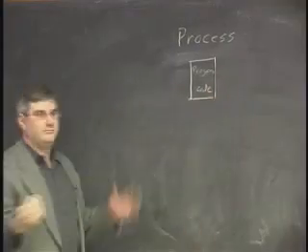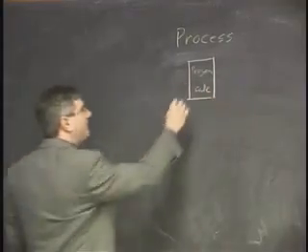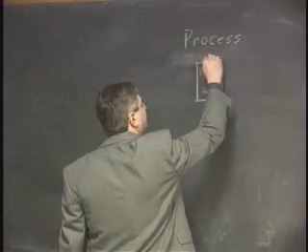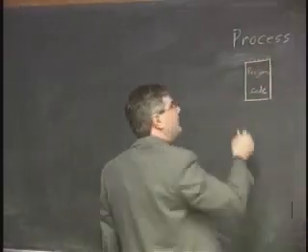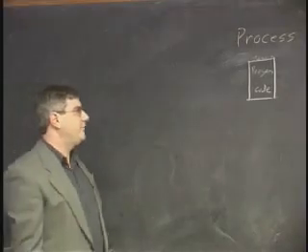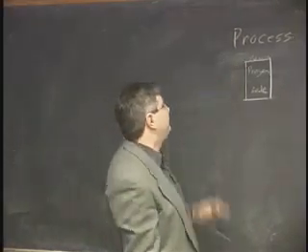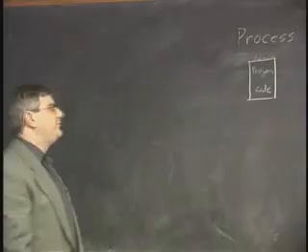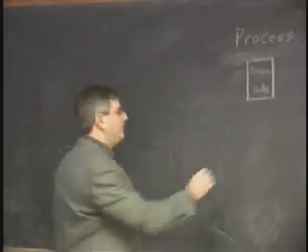So you've got a big block of memory, and that's just the code for your program, all the machine instructions for your program. This is, to system programmers, usually known as the text segment.